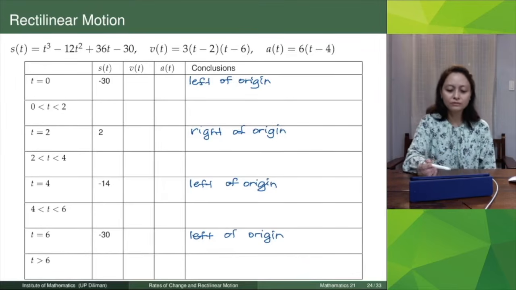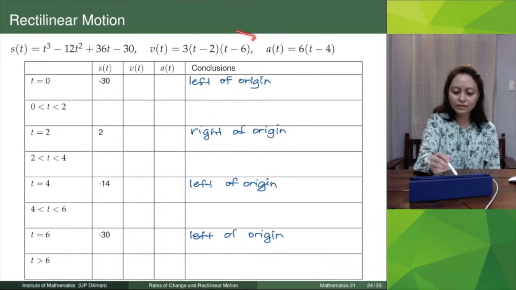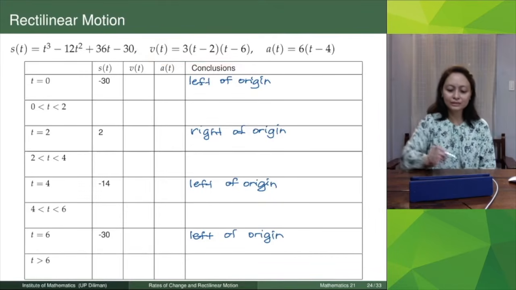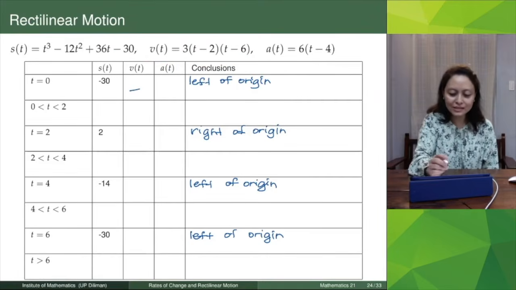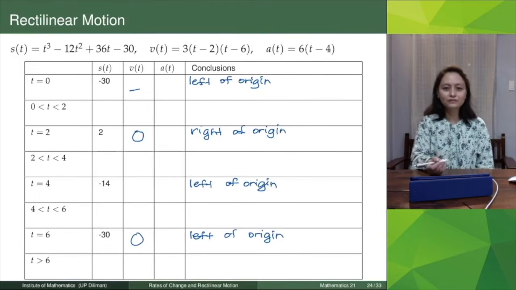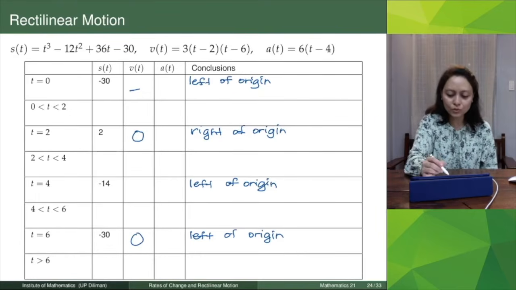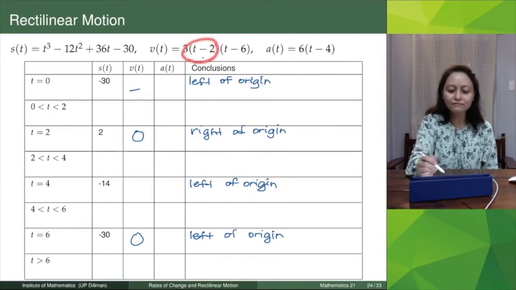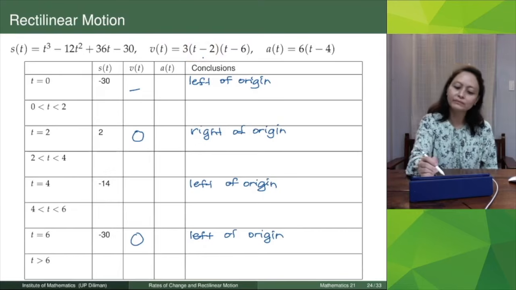Next, we fill up the column for V. Okay? Ito yung velocity function. Ilan to ulit nagsi-0? Your velocity is 0 at t equals 2 and at t equals 6. So, lagay nyo na yung 0 doon. For values of t less than 2, okay, so this will be negative. Negative to.